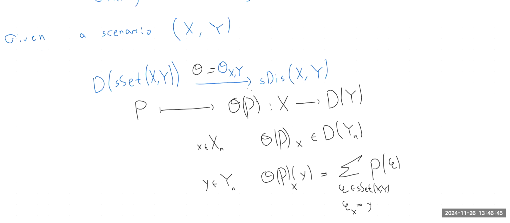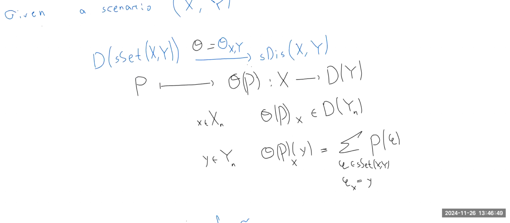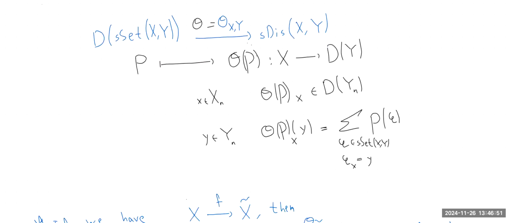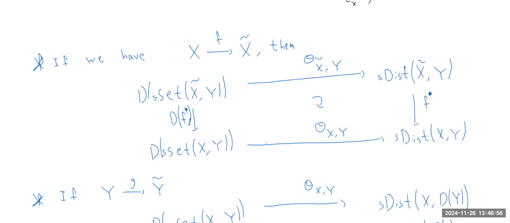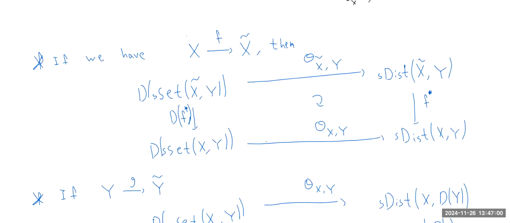But the good thing is that this is natural, and from a map we get this square. Of course, we will talk about this later: if we have not only a map but a diagram, we will get a bigger diagram. But let's see why this is helpful.